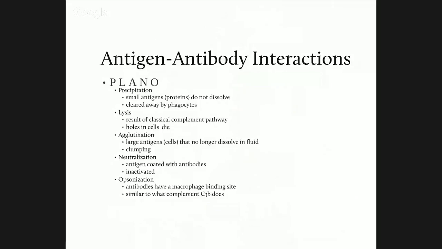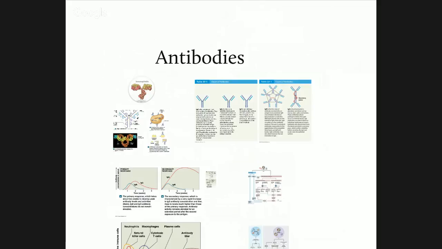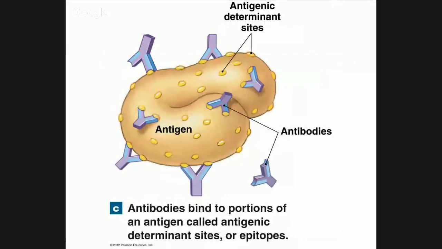Lysis just refers to complement. It doesn't say complement or cytolysis here because we want an L in that spot for the mnemonic. But the classical complement pathway is started by antibodies binding to the thing. So let me just jump back to this picture for a second. Let's say this is a cellular antigen.